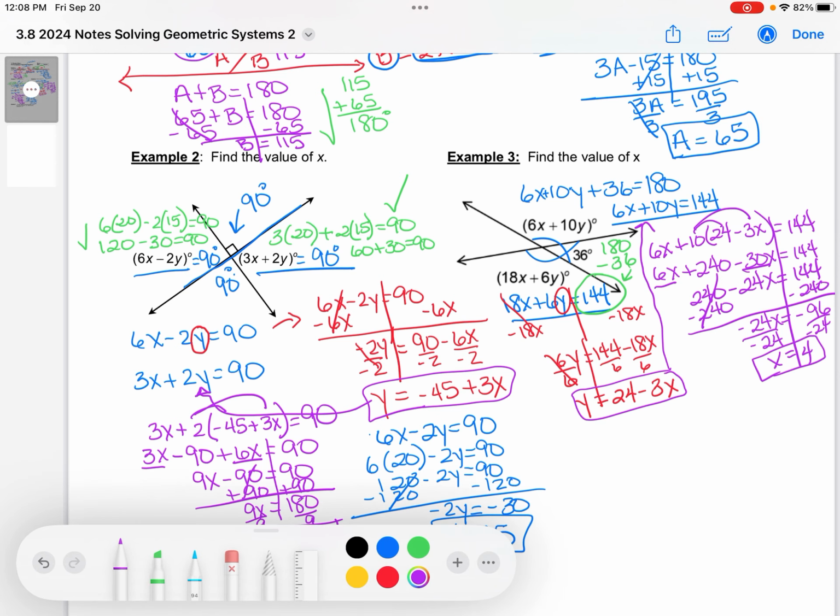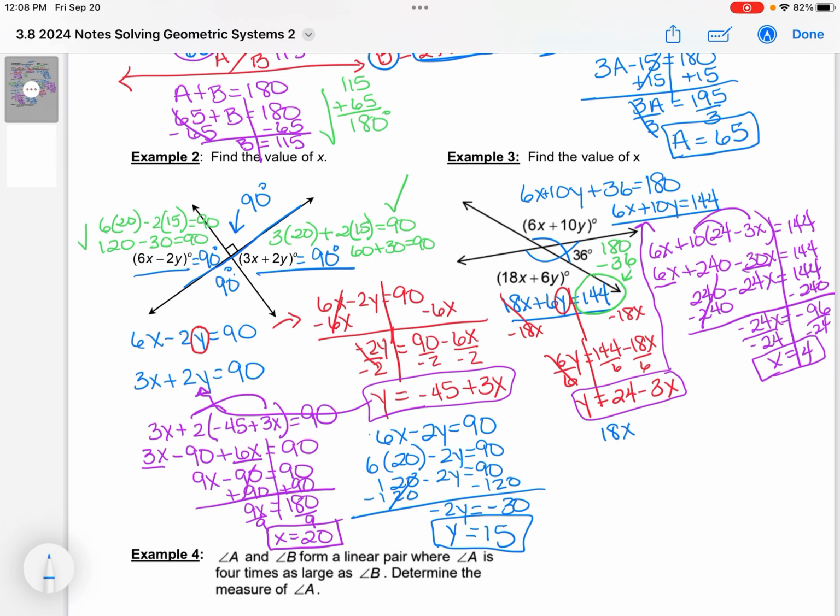Okay, now we're going to go back to 18x plus 6y equals 144. And I'm going to put in the 4. So I'm going to get, okay, 40, 50, 60, 72.